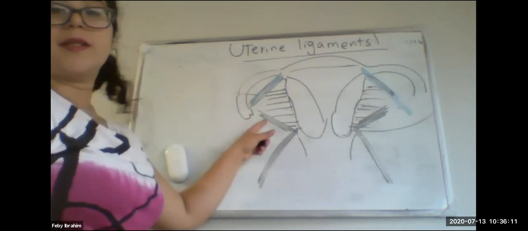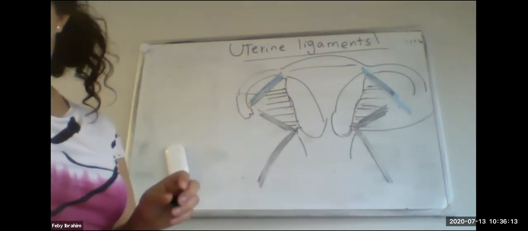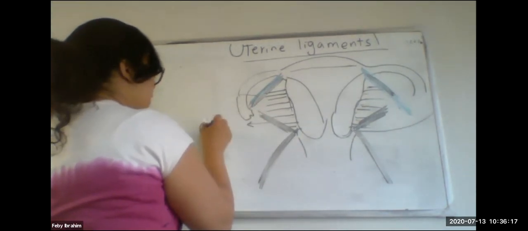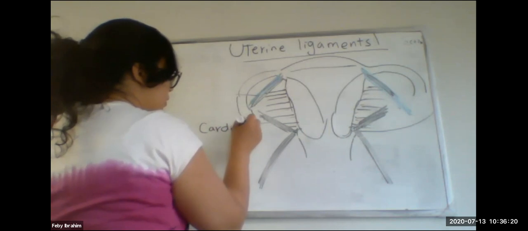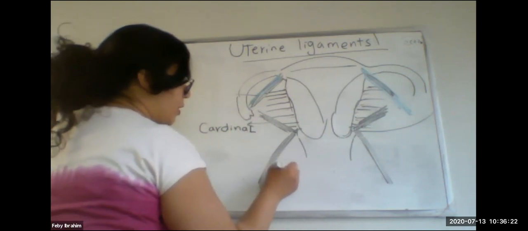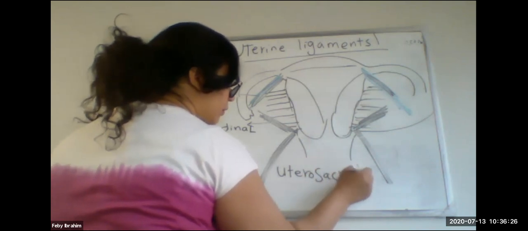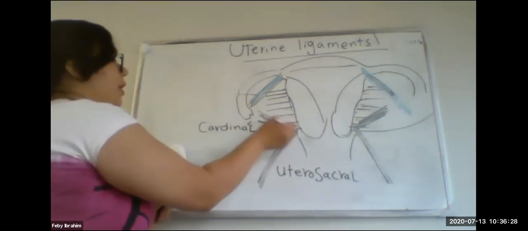One is called the cardinal, and this one is called the uterosacral. Look here, guys.